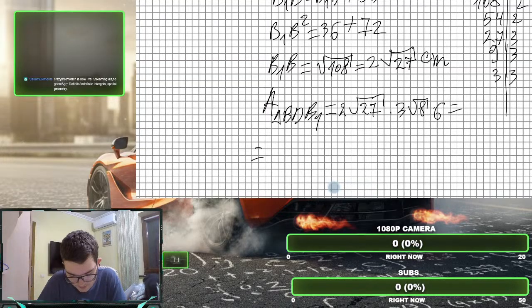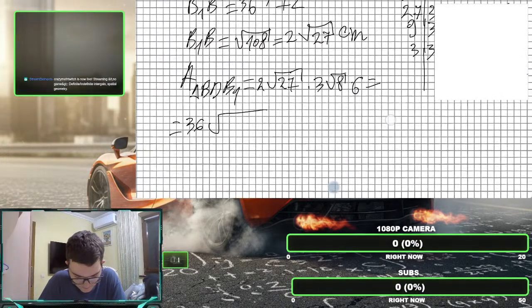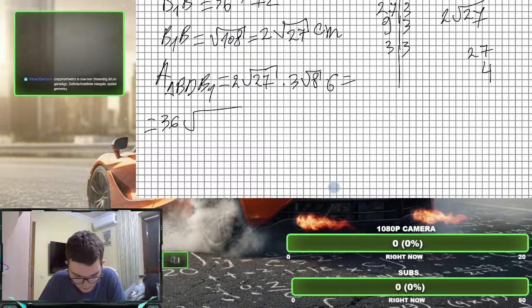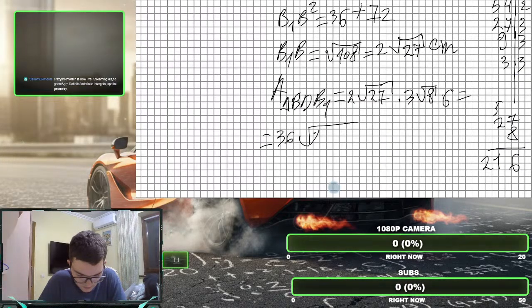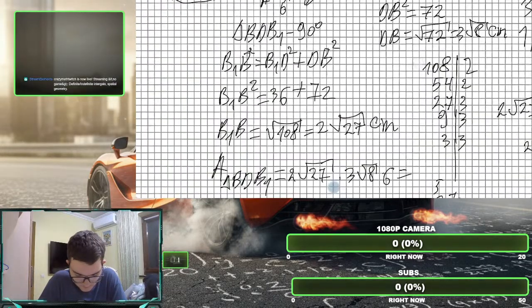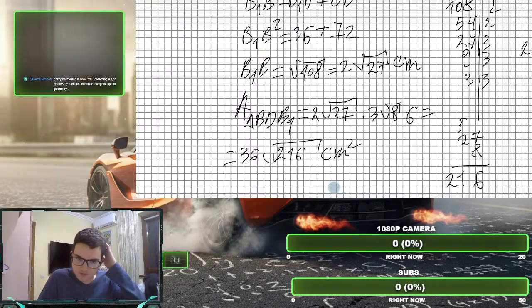So I have 36, and then under the square root, 27 times 8, so that's 56. 2 times 8 is 16, plus 5 is 21. So perhaps this should be the final response.